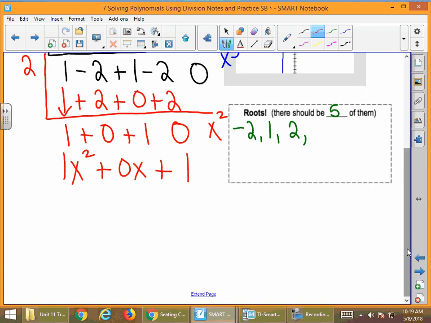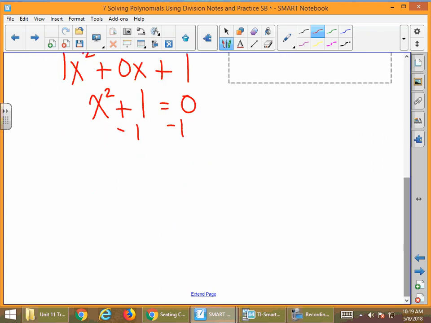Well, if we simplify that a little bit more, this is x squared plus 1. And we don't even need to use the quadratic formula this time. We can solve this problem. We're going to subtract 1 from both sides. And we end up with x squared equals negative 1.